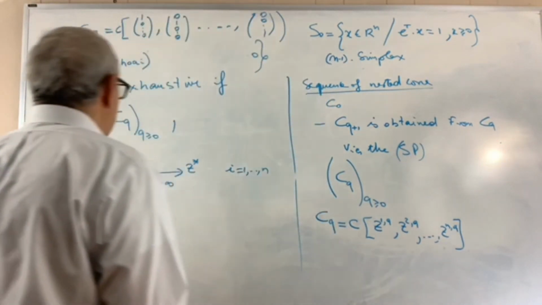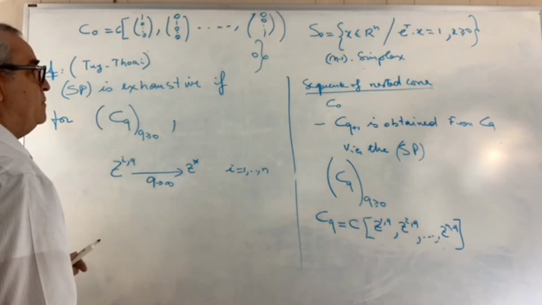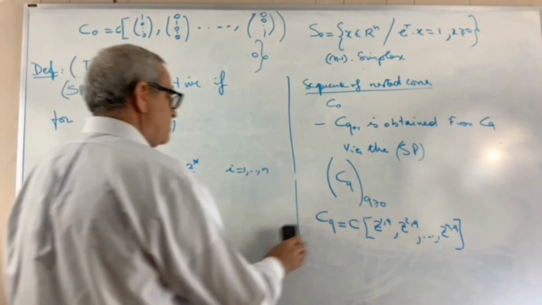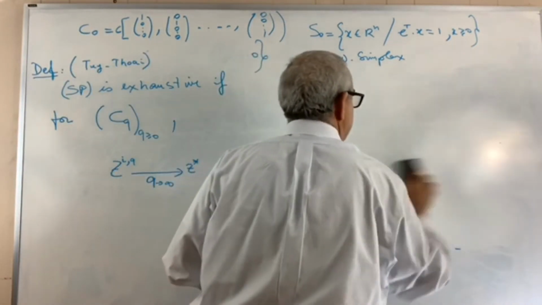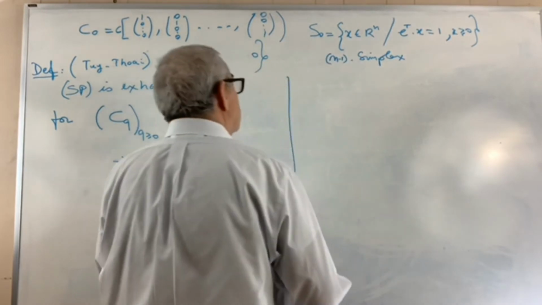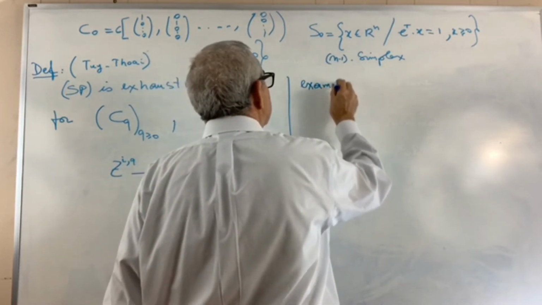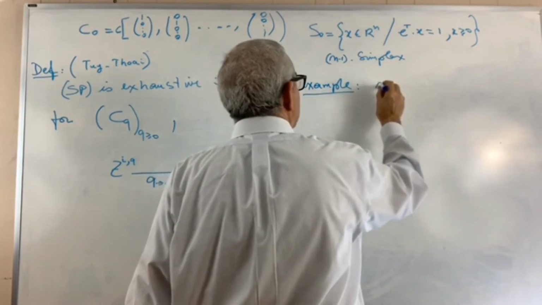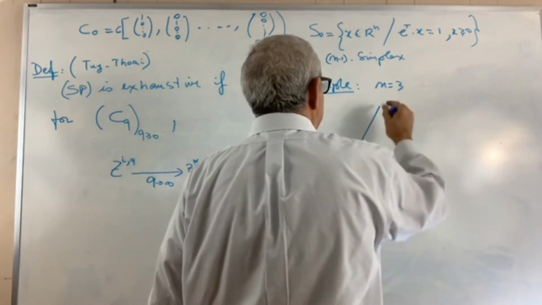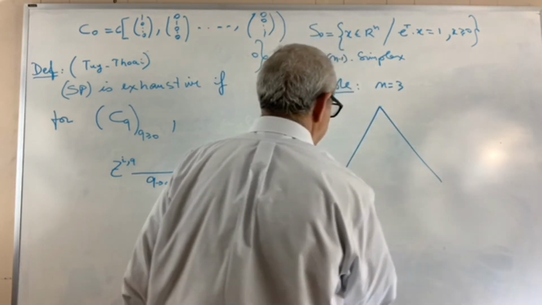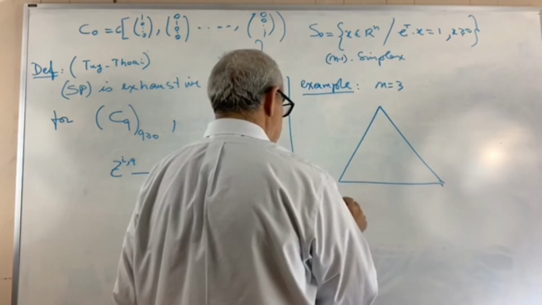Okay. So let's give examples of this. Let's go to n equal to 3. So I start with the equilateral triangle. This is 1, 0, 0.